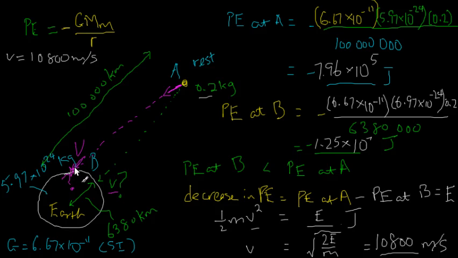Now there are two ways to look at it. If you just look at the calculation alone, the way to do the calculation is that we find the potential at A, potential at B, and then we subtract to find the kinetic energy.